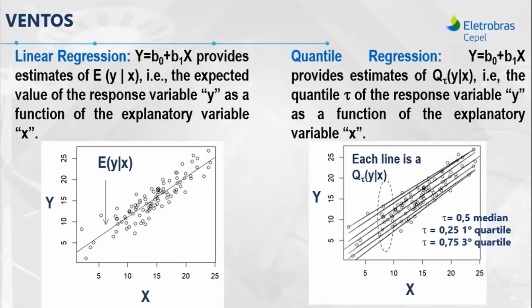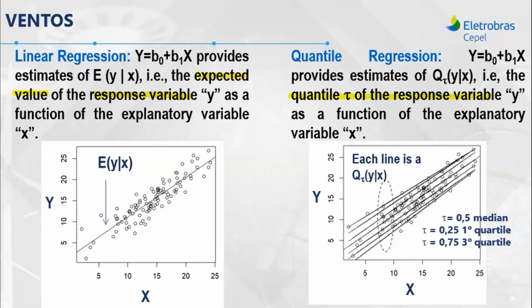We can do that using the statistical technique of quantile regression, whose idea is similar to linear regression. As we know, in linear regression, the regression equation provides the estimation of the expected value of the response variable. And in quantile regression, the regression equation provides a quantile of the response variable.